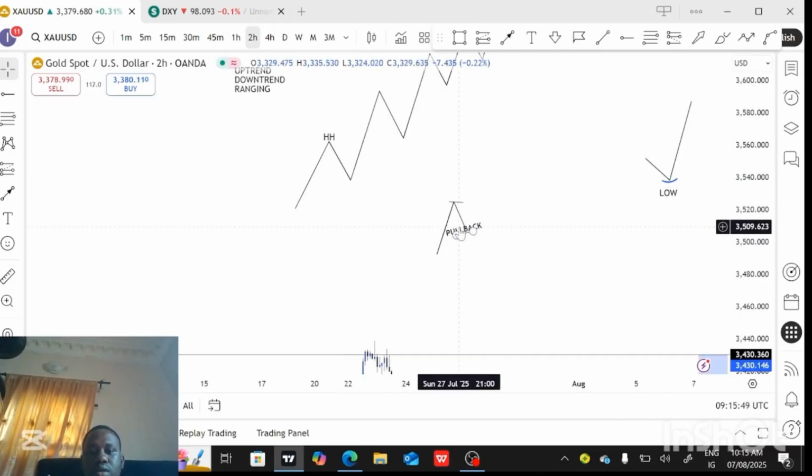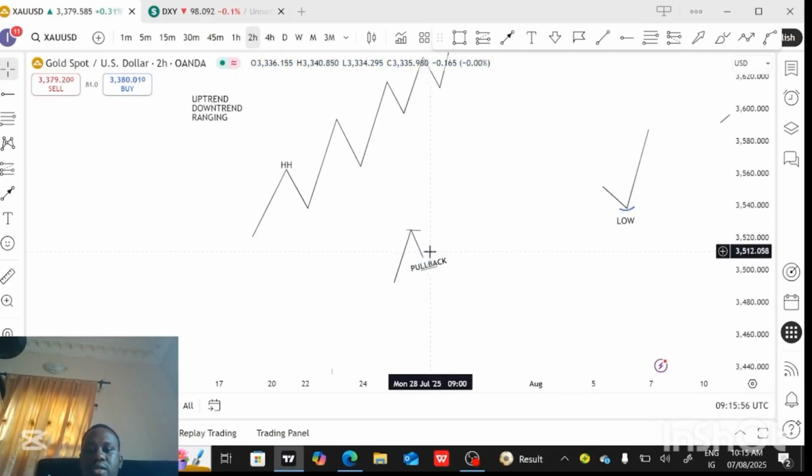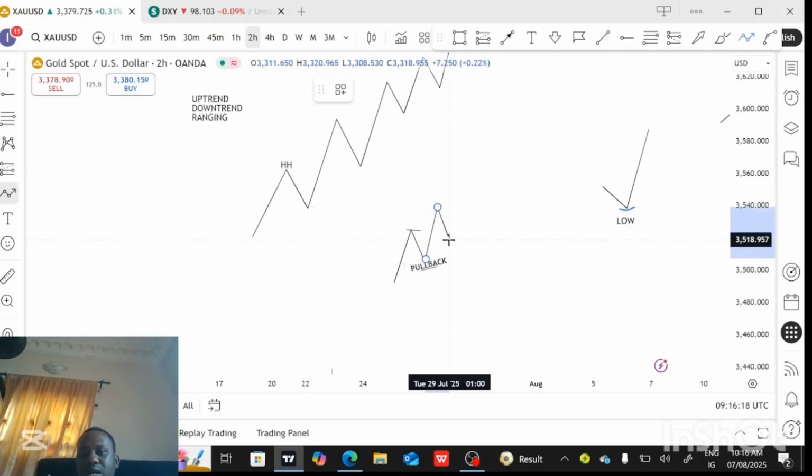So this is the correction and also a pullback, right? Here price has gotten to this level and it wants to make another high. The new high price is going to make, we'll call it a higher high, because this high that is about to happen is higher than this. And this is a low, so this low is about to make another low, which we'll call a higher low.